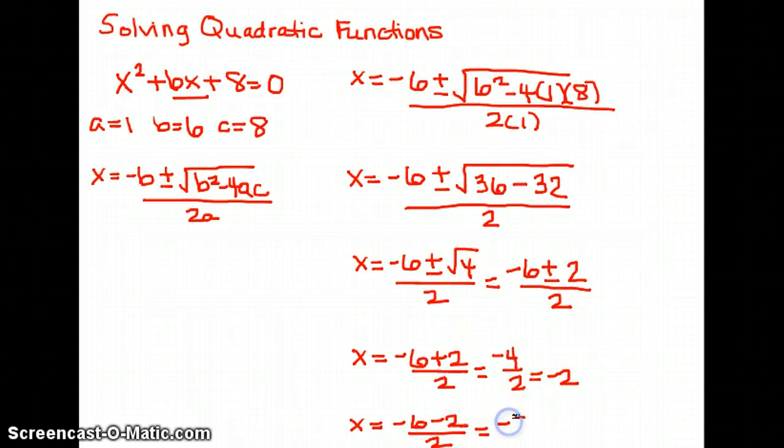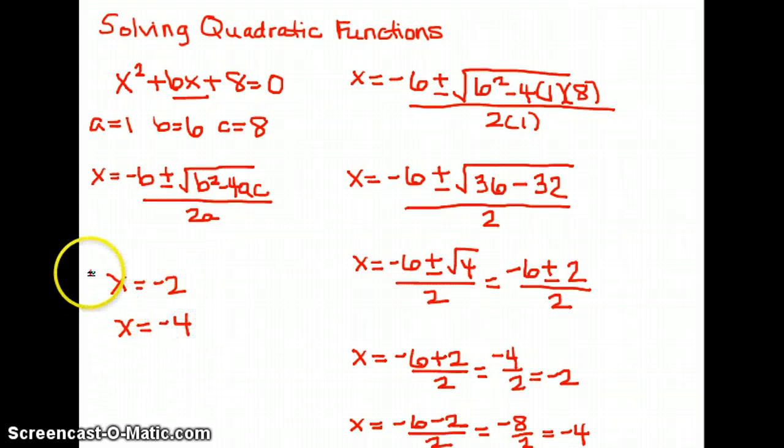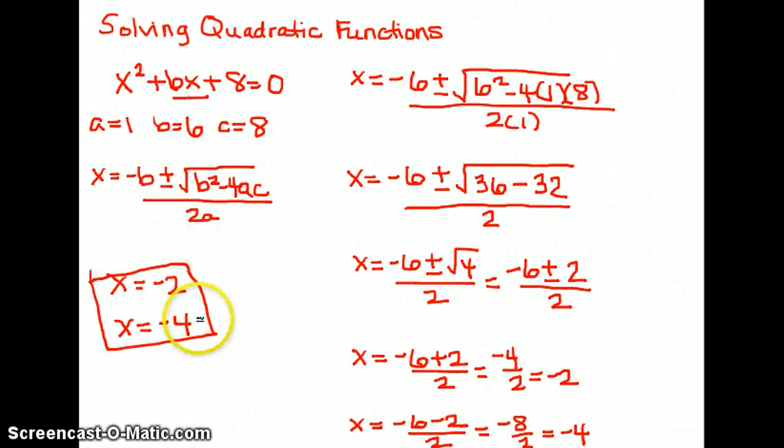In the second equation, we get negative 8 divided by 2, which is negative 4. So the solution to this problem, what x values will make it equal 0? The x value of negative 2 and the x value of negative 4. So that's one example of using the quadratic formula.